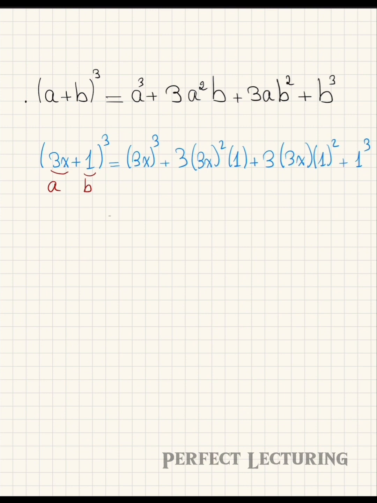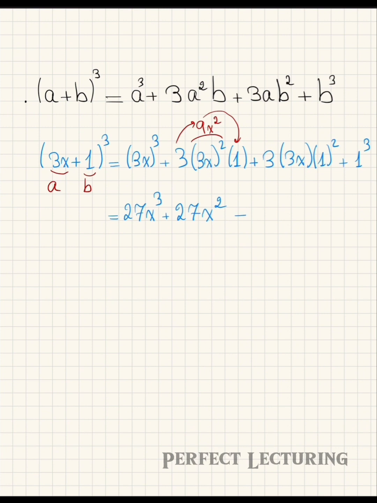Let's simplify. So 3 to the power of 3, that is 27, and x cubed plus. Here I have to first apply the square, so 3 squared is 9, and x to the power of 2. 3 times 9 is 27, times 1, it remains 27, and x squared becomes simply x to the power of 2.